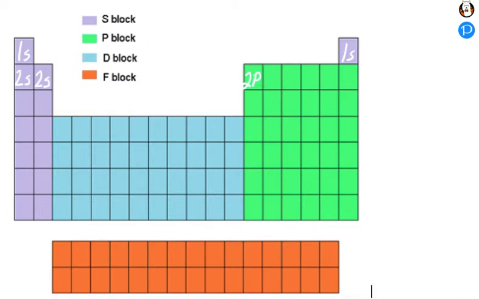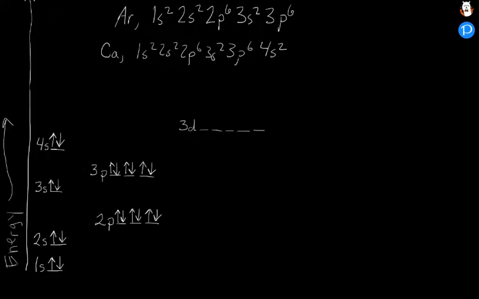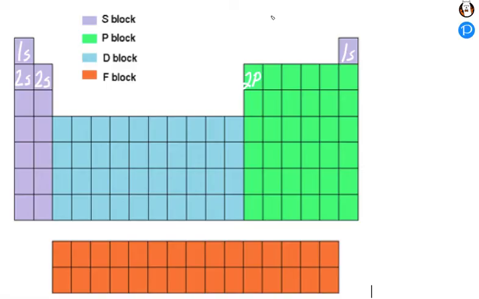And now remember that the p orbitals, let's jump back to this real quick. The p orbitals can hold 1, 2, 3, 4, 5, 6. And that makes sense with the periodic table, because if you look, there's 1, 2, 3, 4, 5, 6. So during this time right here, I'm filling in the p orbitals, right? And then if I have to continue to add electrons, I can jump down here. Now I'm at the third level in the s subshells.